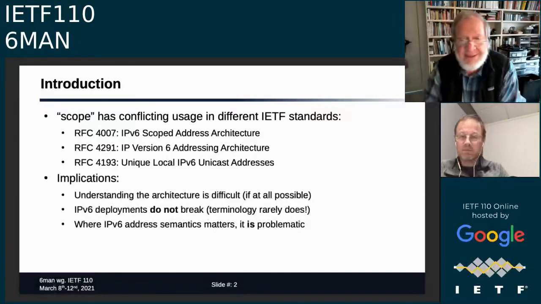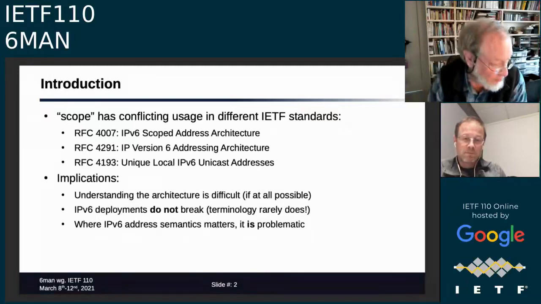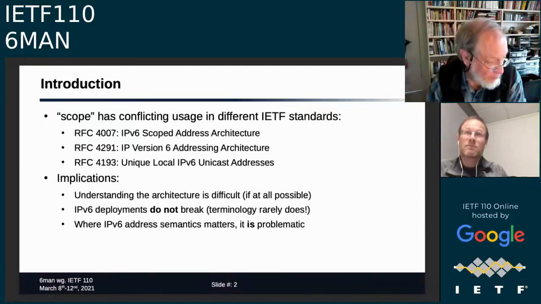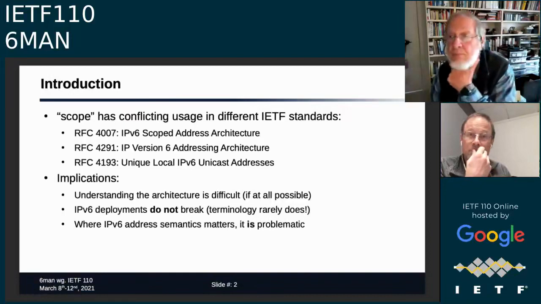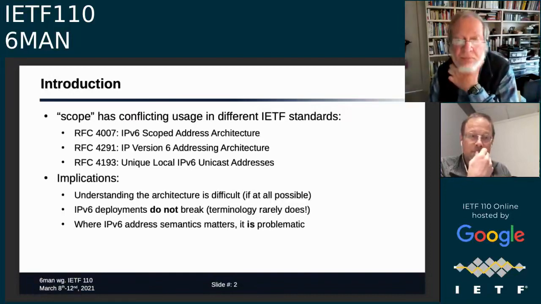So essentially, we have conflicting usage of scope in different IETF standards. There's 4007, which is the scope addressing architecture. There's 4291, which is the IPv6 addressing architecture. And then we have the specification for ULAs, okay?